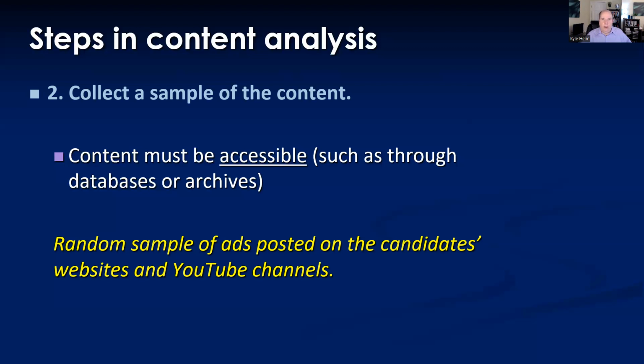Now, if there were a ton of them, which there might be, I might not be able to study all of them, so I might need to use a sampling strategy. Maybe I'm only going to examine every 5th or every 10th ad. So notice that in content analysis, rather than sampling people, as you would in the case of a survey, you are sampling texts, collecting a sample of those communication texts.